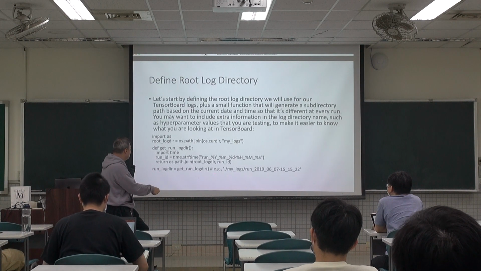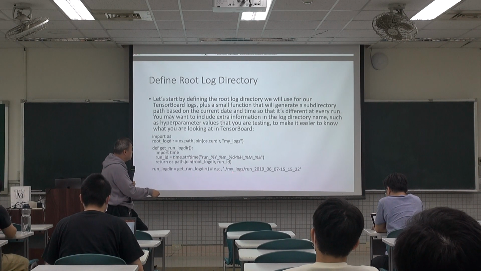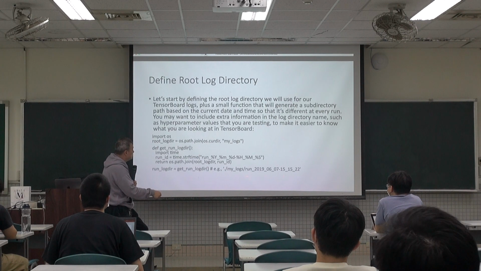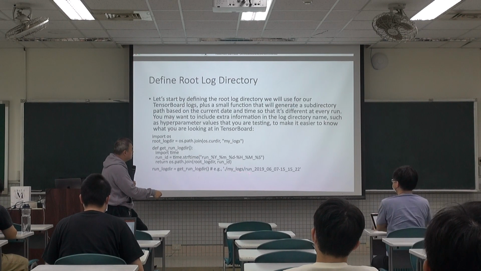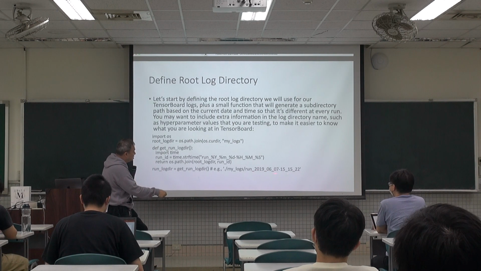For example, after you specify the directory, if you get the wrong log directory, it will give you this. Now this basically specifies a run of the model at a certain time.